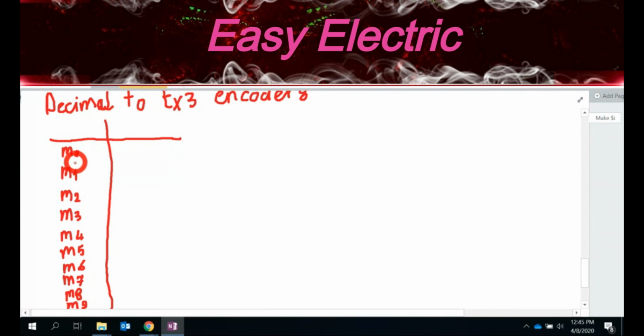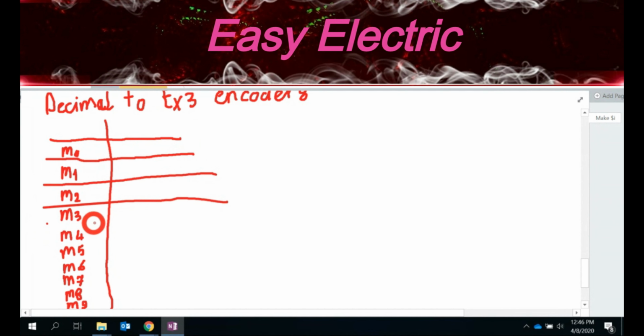So we have 0 to 9, we label the input M0 to M9, and it should be decimal to excess-3. So that means the output code, what is the excess-3 code for 0?